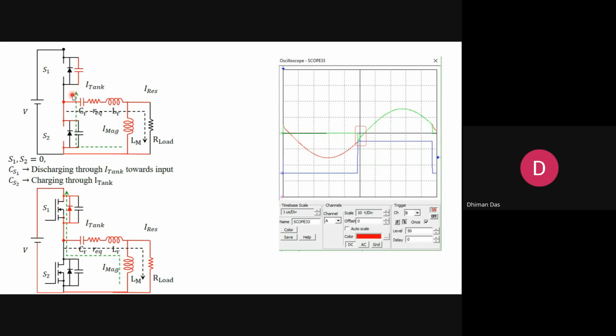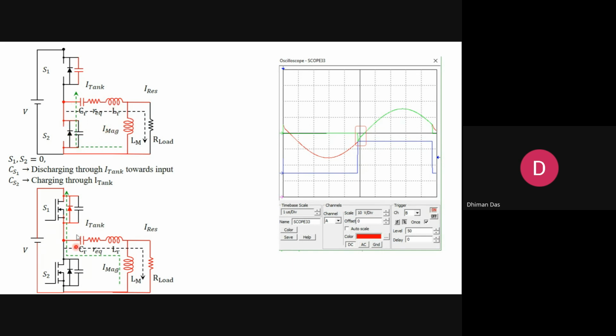Since that is the negative half cycle of the resonance, and it is charged to the positive value of V, it is going to discharge in the negative direction, or with a negative current. So the top capacitor is going to discharge through the tank current towards the input, and the bottom capacitor is going to charge. So you can see there is only one circulating path, and that is the tank current.